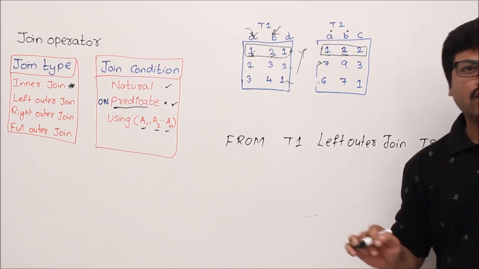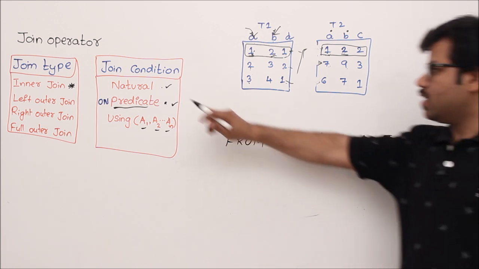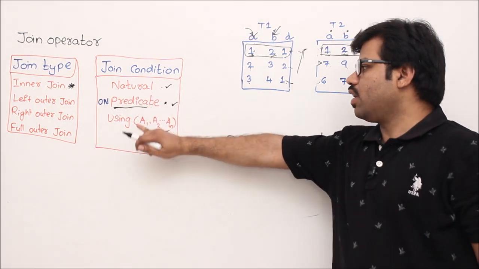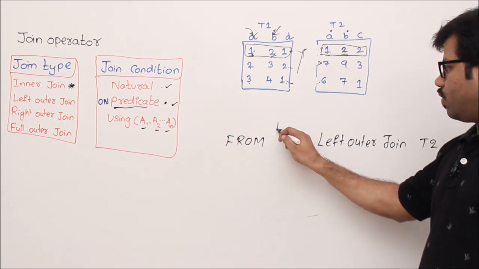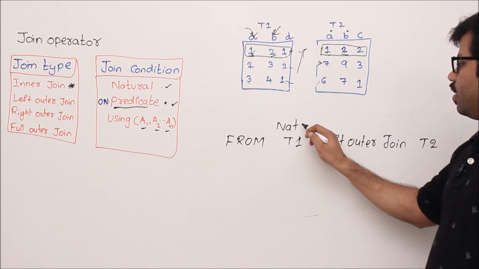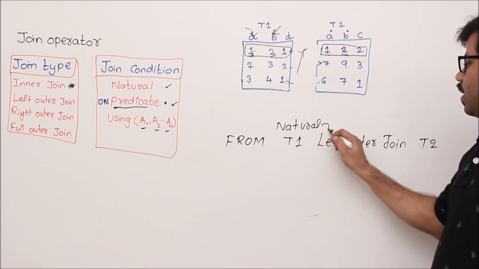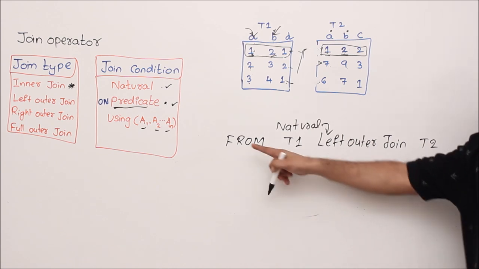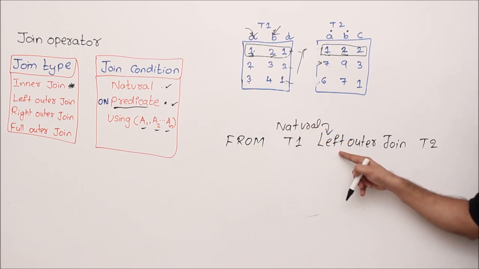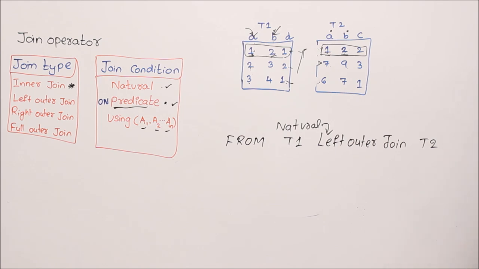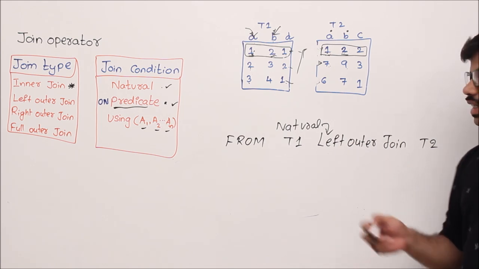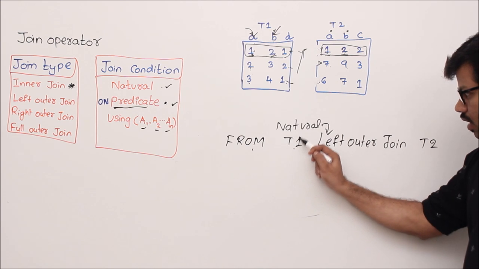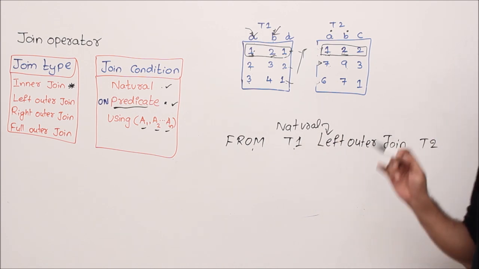Either we can specify natural, a predicate, or using. Let's start with natural first. The syntax is from T1 natural left outer join T2.